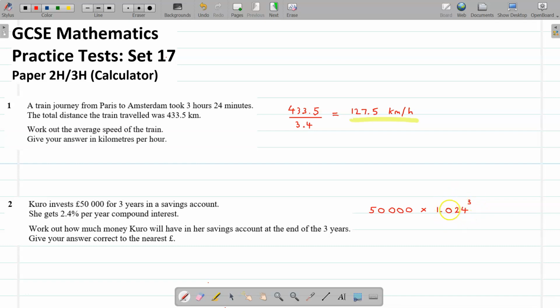And when you put that in the calculator and it asks for the answer to the nearest pound, that gives you 53687. And that's it. Okay. Next question.